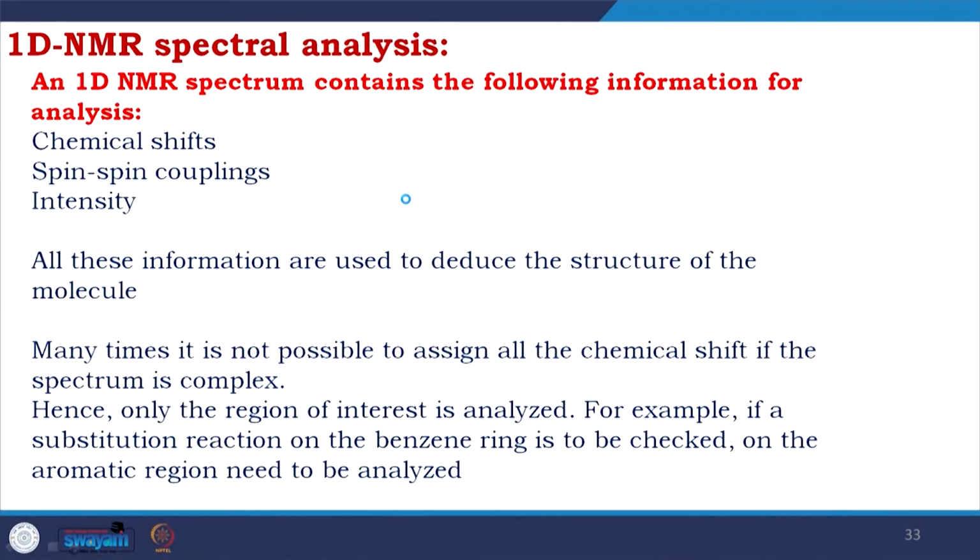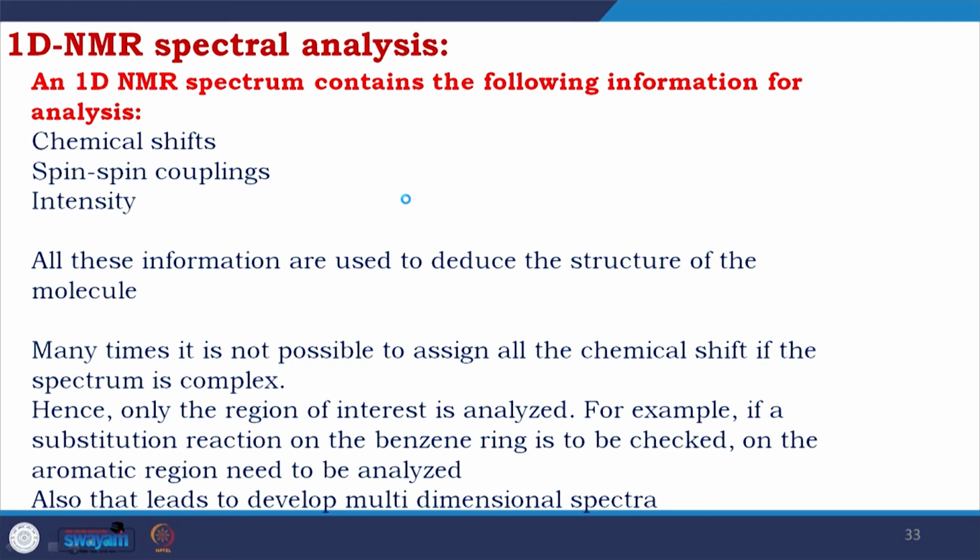Hence, only the region of interest is analyzed. For example, if a substitution reaction on a benzene ring is to be checked, the aromatic region needs to be analyzed. Also, that leads to the development of multi-dimensional spectra.